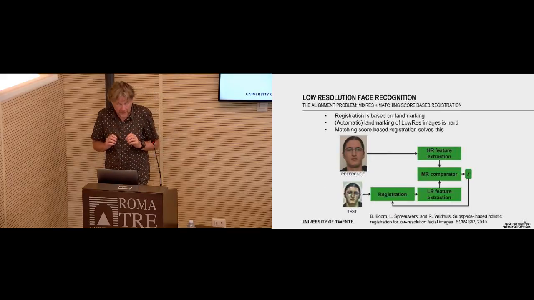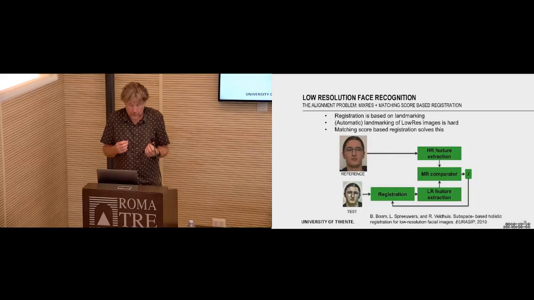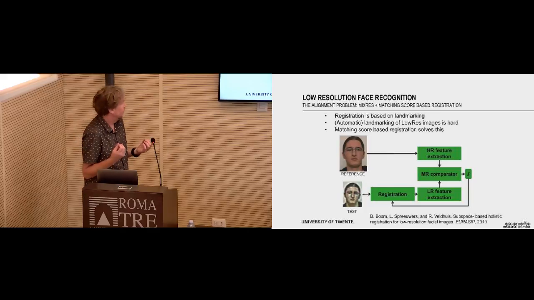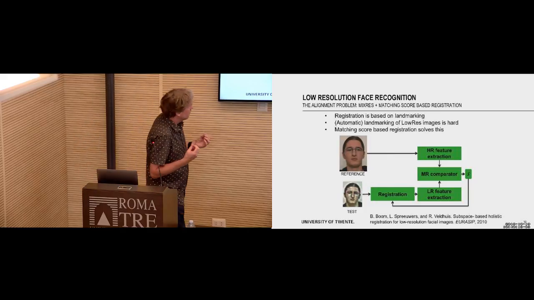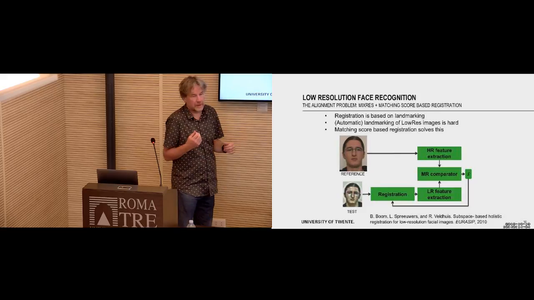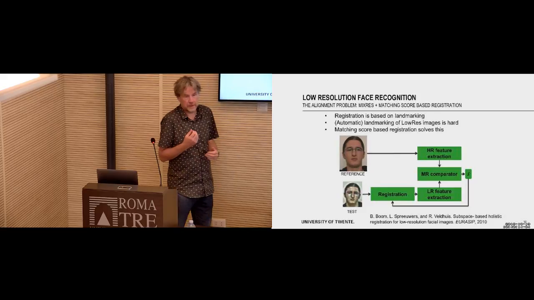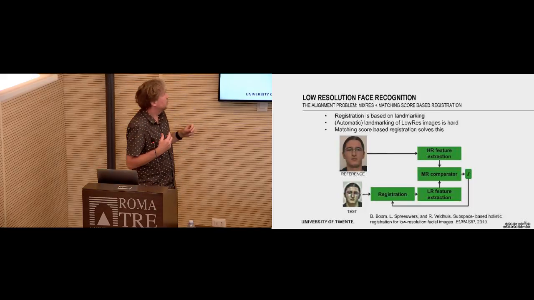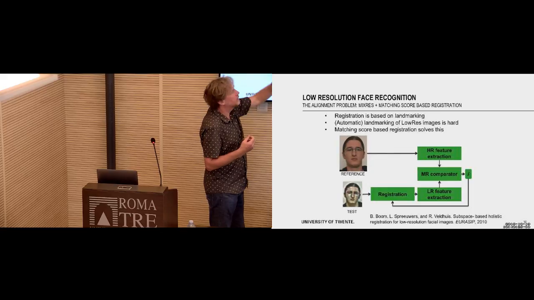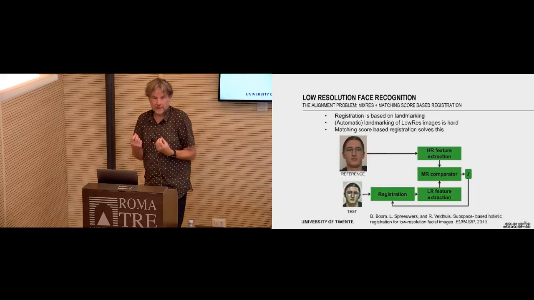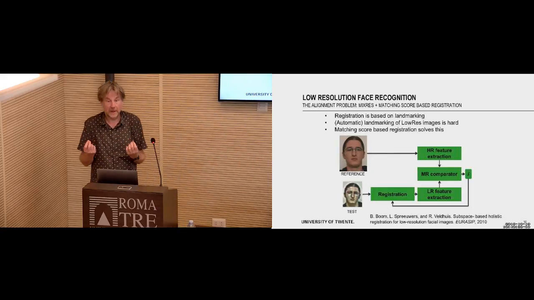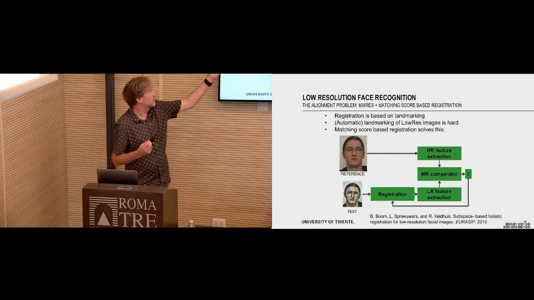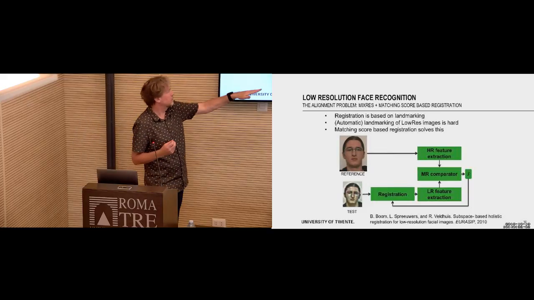This is one thing. The other thing is, how do we deal with the alignment if we cannot landmark? Well, what we could do is score-based registration. Usually we have something like the Viola-Jones face detector to detect the faces, which will give you a rough indication of where you can find the eyes. So we have an initial estimate of eye coordinates in the high resolution image as well as in the low resolution image.